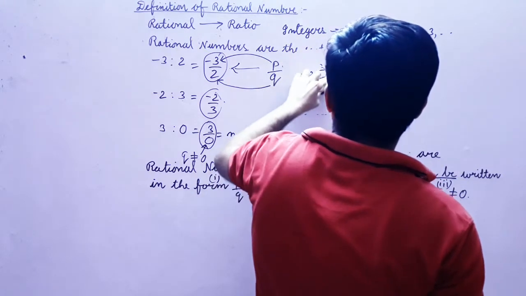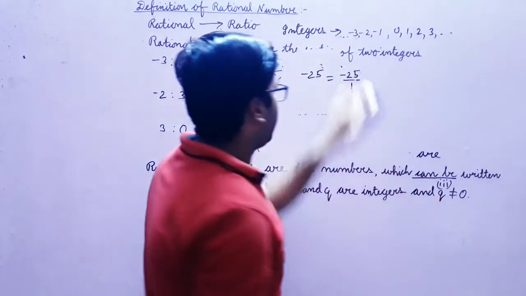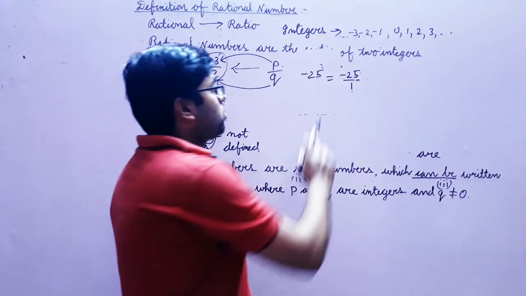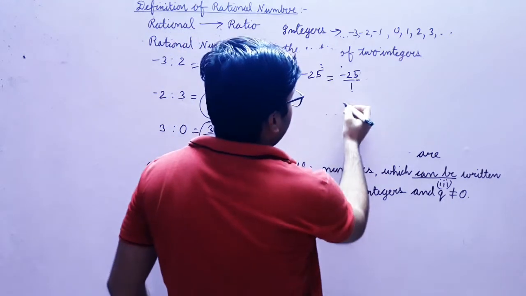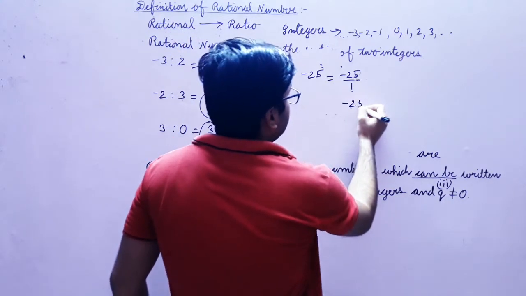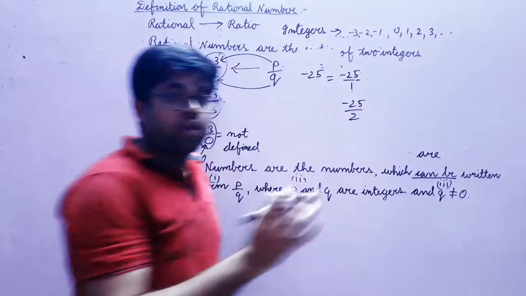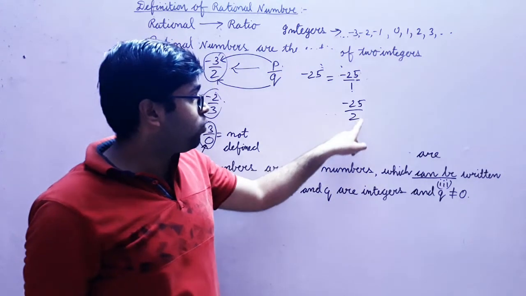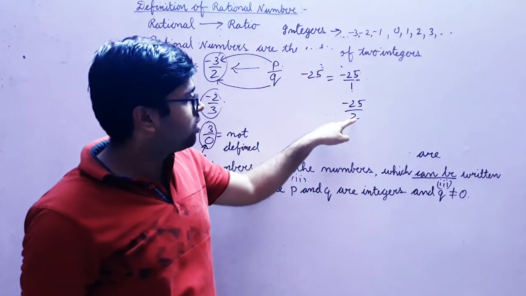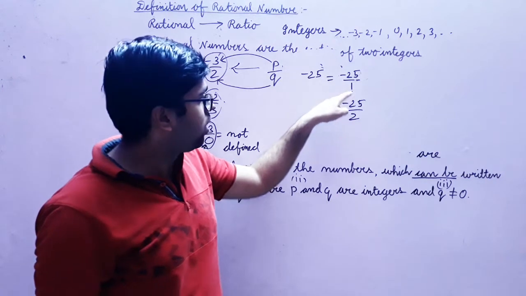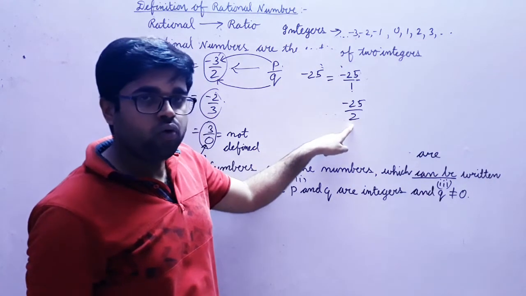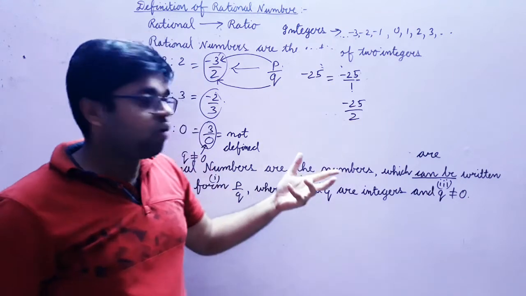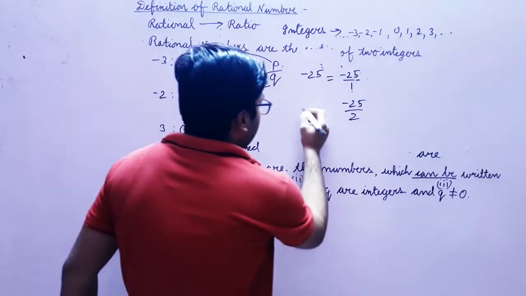Okay, now one question that arises frequently is that students ask me many times, sir, can't we write 2 instead of 1 here? Let's try to write 2 instead of 1, that is, at the place of q we write 2. So is this correct?